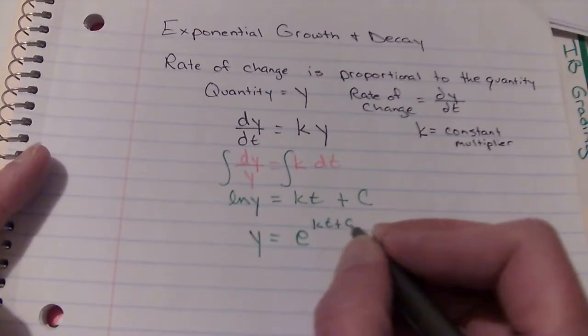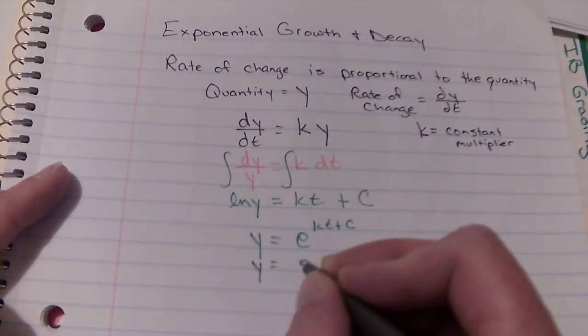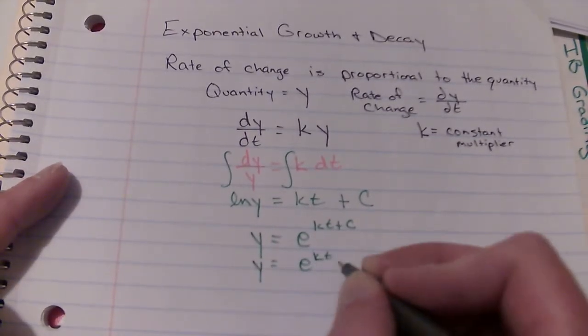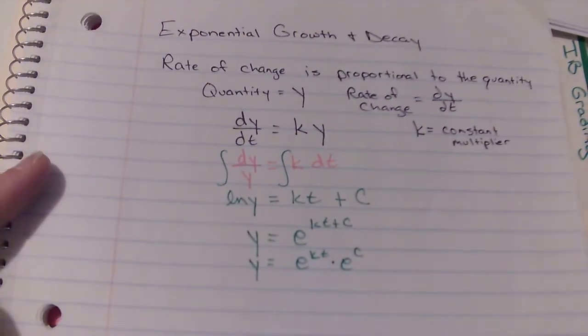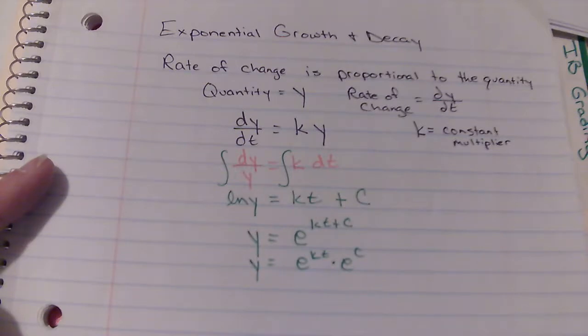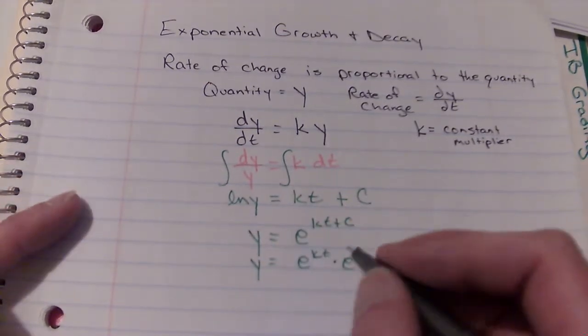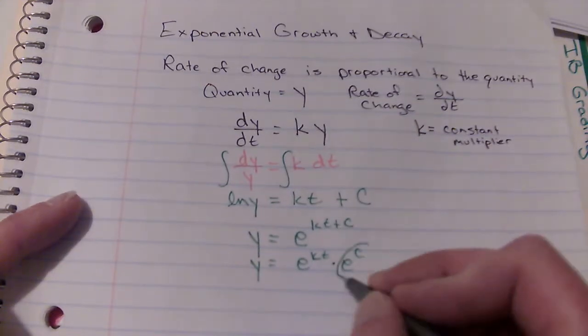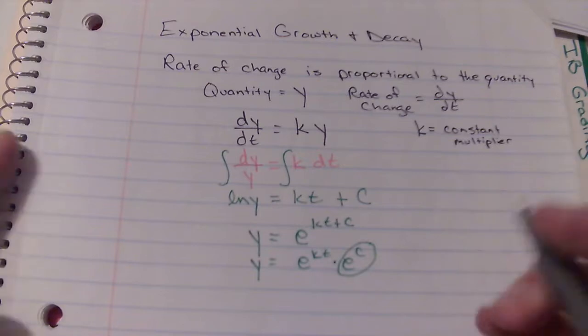Well, I know by rules of exponents that's really e to the kt times e to some number, which, let's think about that. This is actually just some number, e to some number that we don't know.